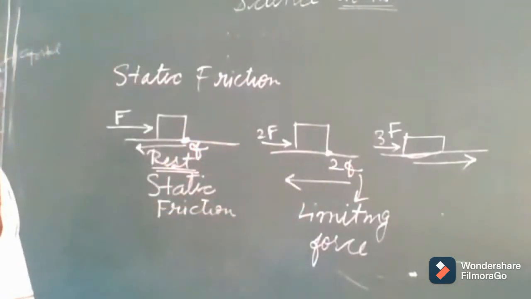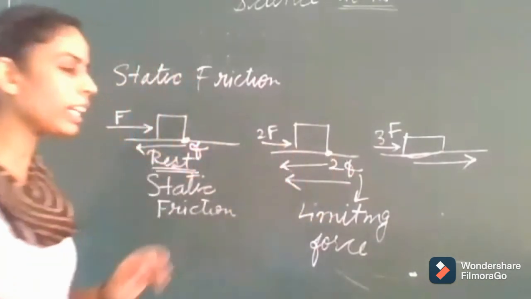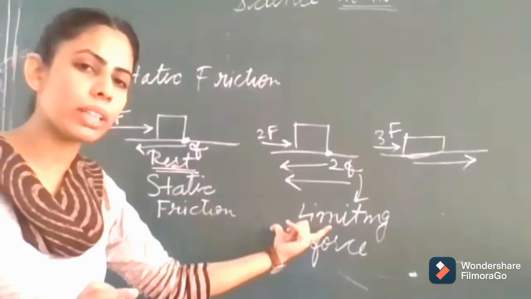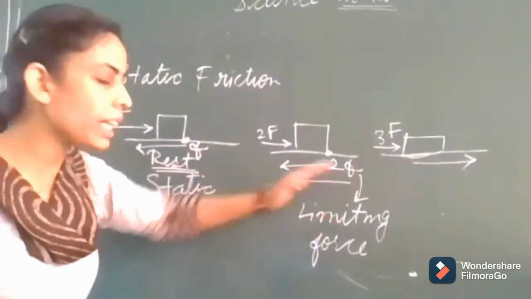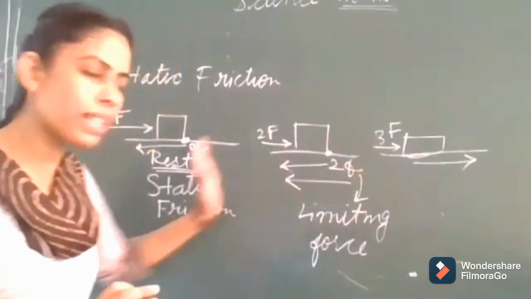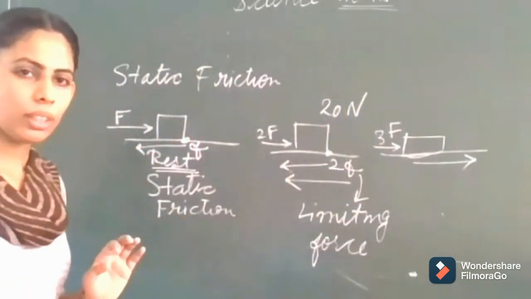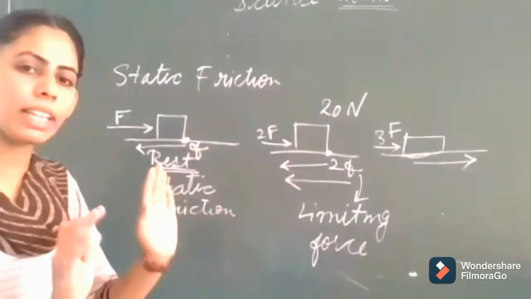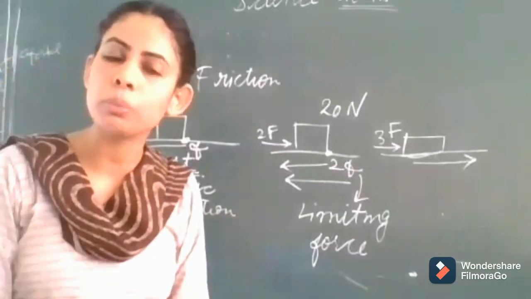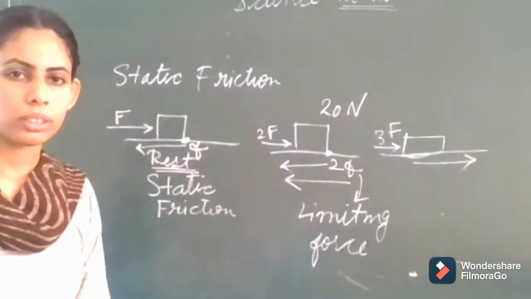Similarly, the box does not move again, because the force of friction is also acting in the opposite direction. It is a limiting force, that is the limit. After this limit, it will move. Clear? If I am applying a force less than this, it will not move. For example, if it moves at 20 Newton, then only if the force is larger than 20 Newton will the box move. Otherwise, the box will not move. Clear? Any doubt?